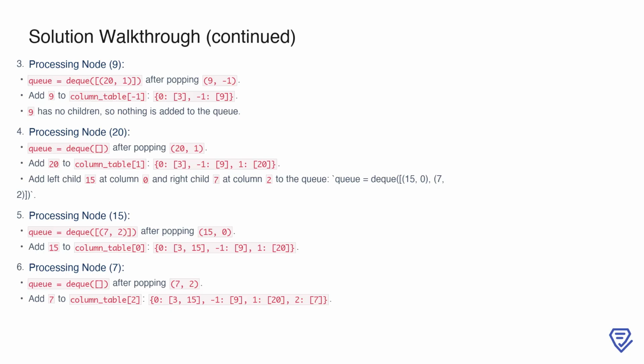Next, we process node 15, which is at column 0. After popping it from the queue, we add 15 to column_table 0, updating the table to 0, 3, 15, -1, 9, 1, 20. Finally, we process node 7 at column 2. After removing it from the queue, we add 7 to column_table 2. The table now becomes 0, 3, 15, -1, 9, 1, 20, 2, 7.